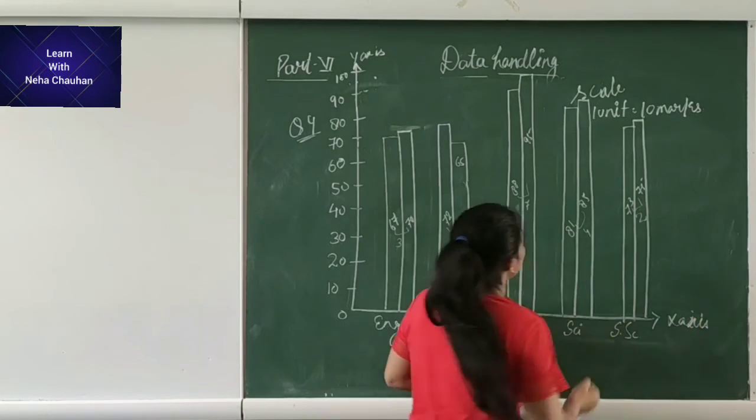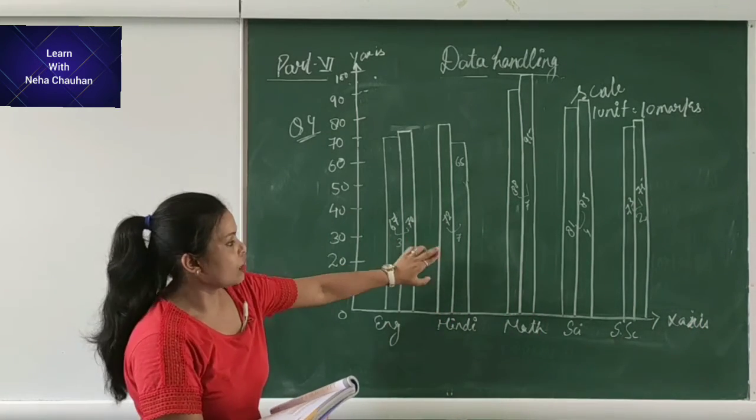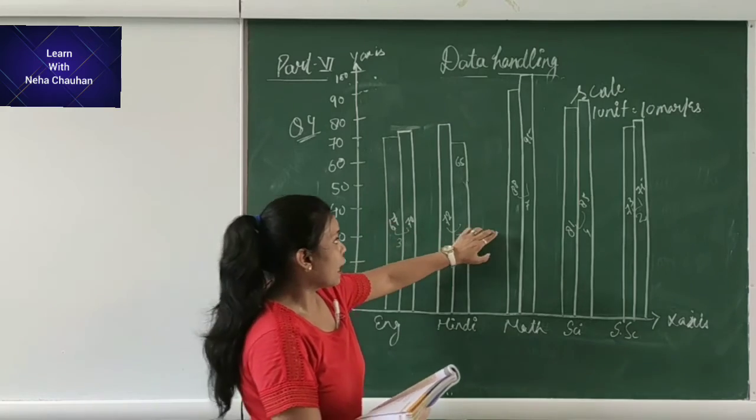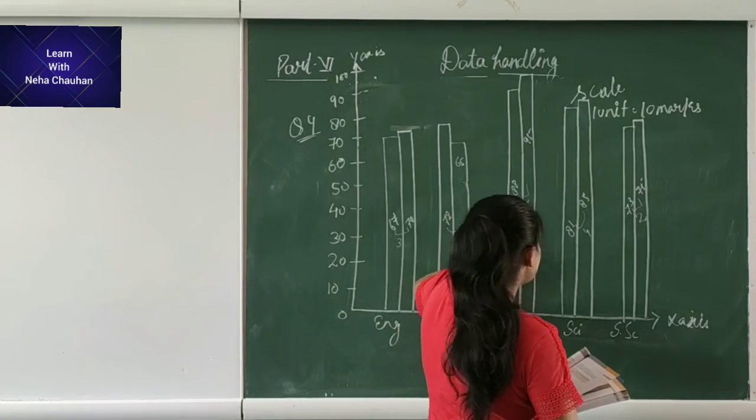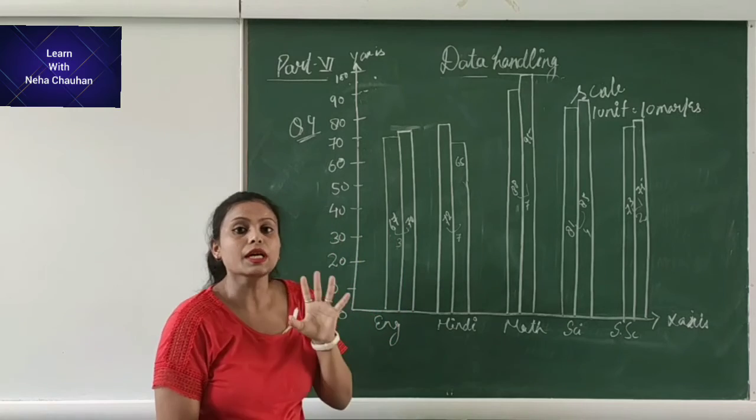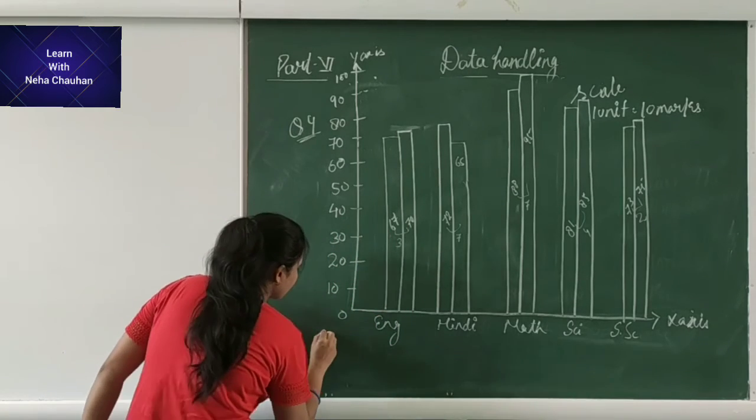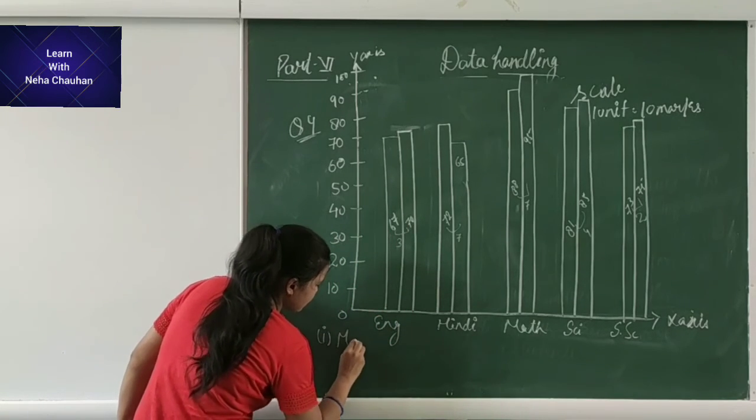So by this calculation we find that in maths the child has improved the most. So the answer for the first part is maths.